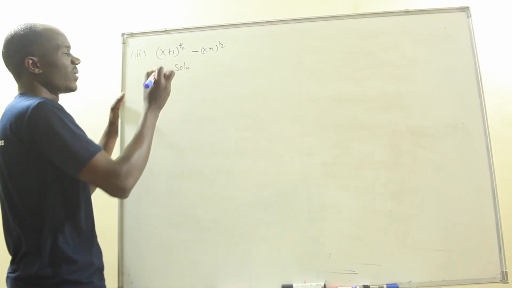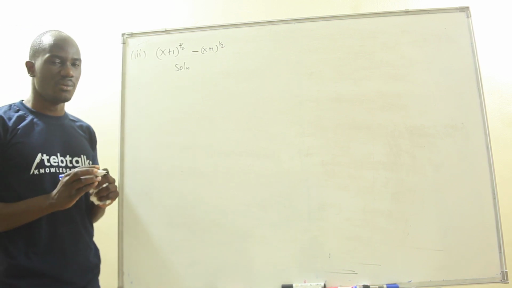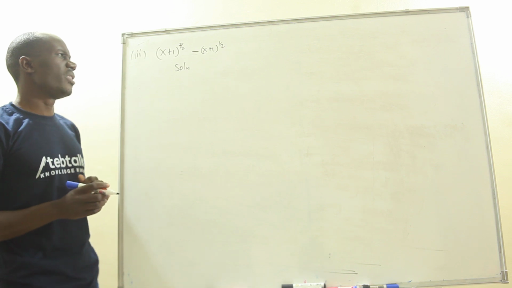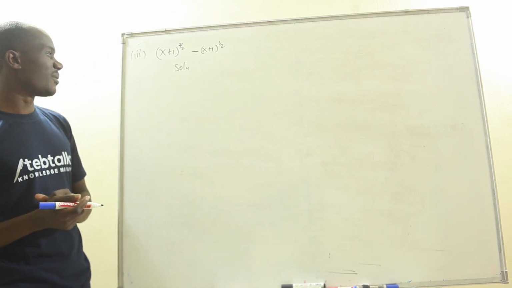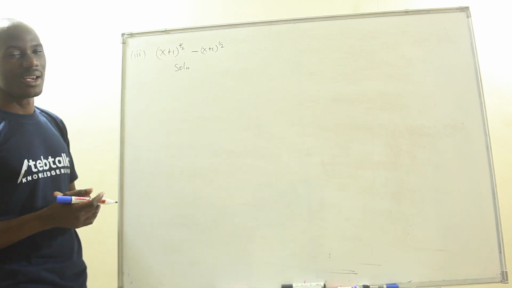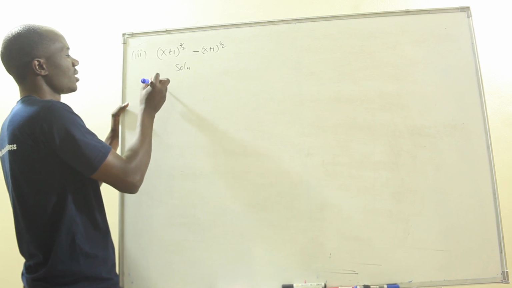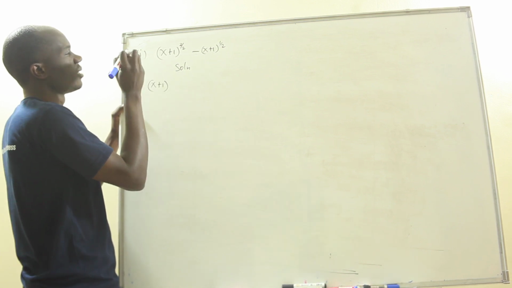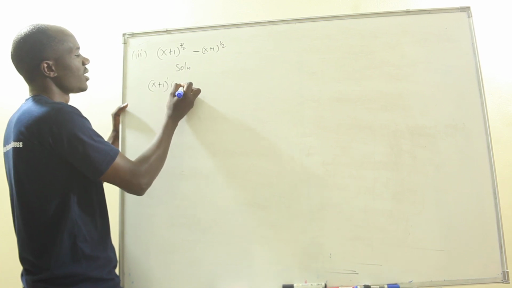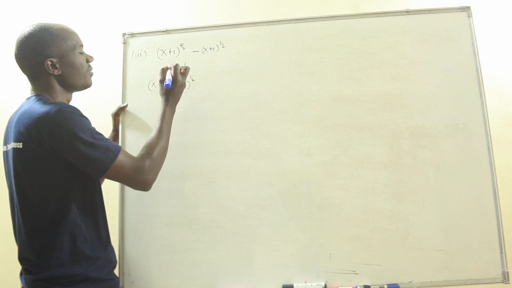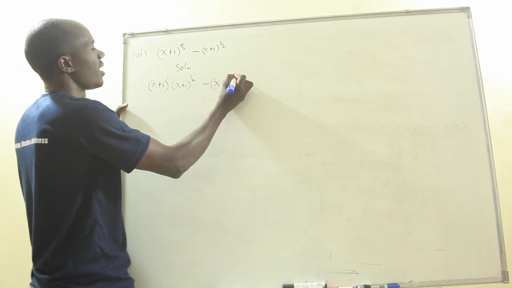Let's look at this solution. (x plus 1) power 3 over 2 minus (x plus 1) power half. How do we do this? Remember here we are subtracting. But this number is appearing 2 times. How can we do this? The same as (x plus 1) power 1, again into (x plus 1) power half, minus (x plus 1) power half.